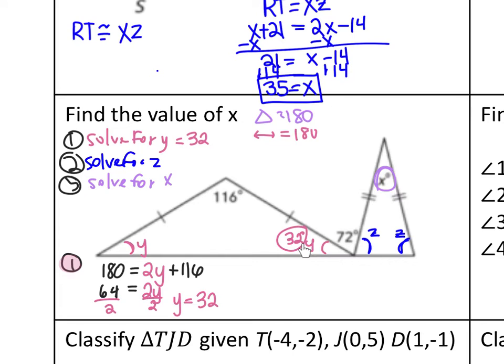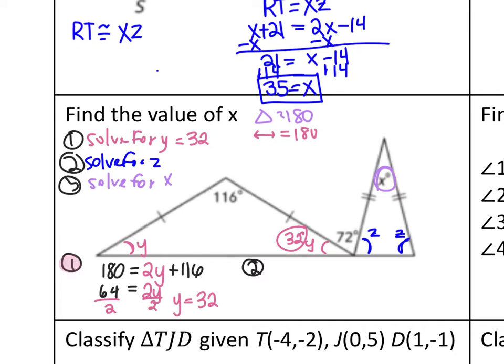Knowing that y equals 32 degrees, I can now solve for z. Okay? So remember earlier we said straight line? If a straight line is 180 degrees, and I know that my adjacent angles are going to add to 180, just like we did here, I can add my angles to find my missing z value. All right? So step 2, solve for z.